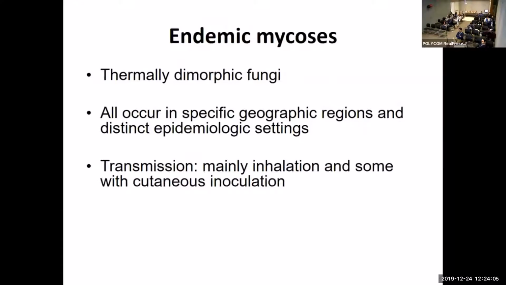Something important and a general principle in these mycosis: the transmission is mainly by inhalation. Sporothrix is the only one that is mainly through cutaneous inoculation, but for most of these mycosis, the port of entry is the lung. There's no human-to-human transmission. The only way that you can get this from a human is through an organ transplant, usually the lungs.